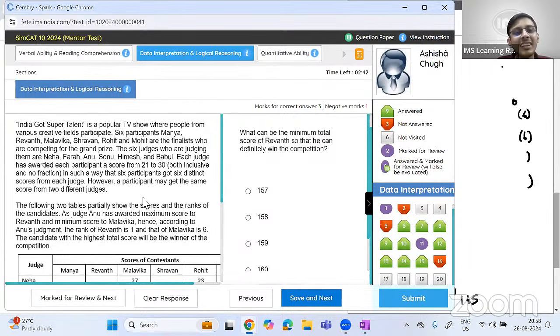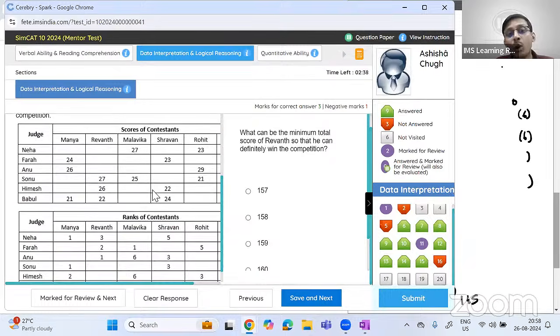These are common kinds of conditions that are there in many different sets. And we had a lot of information: scores in one table, ranks in another table. So we could combine them in a single table, and that would lead to a lot of deductions. Because of the nature of the information, I knew exactly what to do, that I had to combine the information in one table. I could visualize it. So I started off with this.